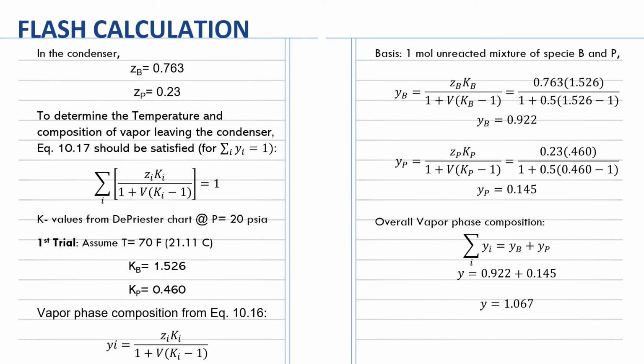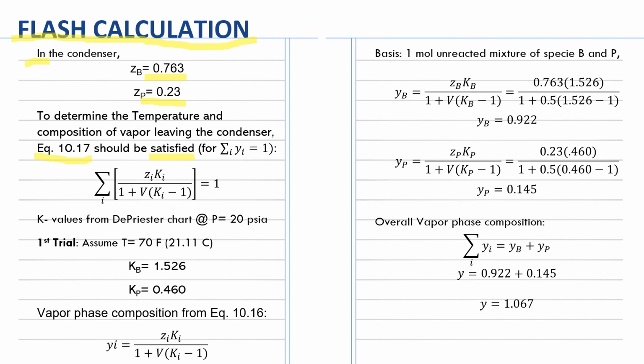Since some of the vapor is condensed to liquid, flash calculation will be used. From the calculated vapor composition in the top tray, the overall composition in the condenser is 76.3% n-butane and 23% n-pentane. To determine the temperature and composition of vapor leaving the condenser, equation 10.17 should be satisfied.